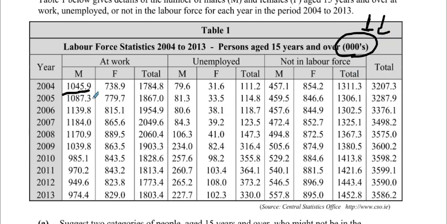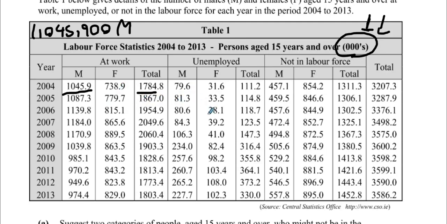So an example would be, is that right? So that would actually be 1 million. No, it's thousands, so multiply by thousands. So it'd be a million, 145,900 people. That's how many males are at work in 2004.